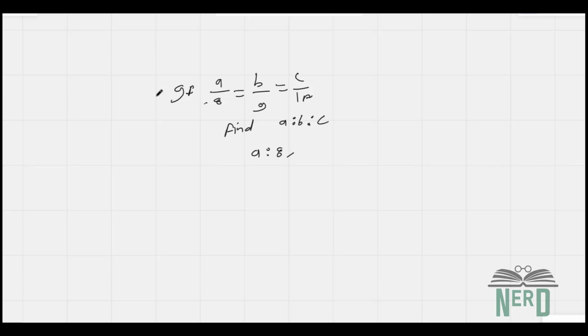We have A's value, and we have B's value, which is 9, and we have C's value, which is 12, right? So how are we gonna find this? Similarly, we have to do this A, B, C, and then we have to put the values: A's value is 8, B's value is 9, and C's value is 12. So actually the answer is already given.